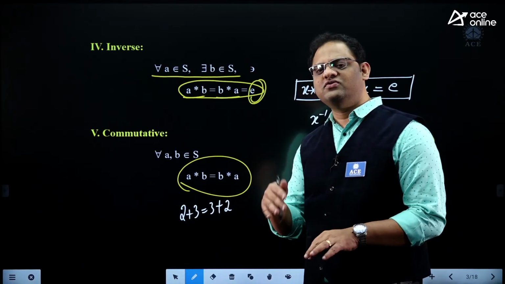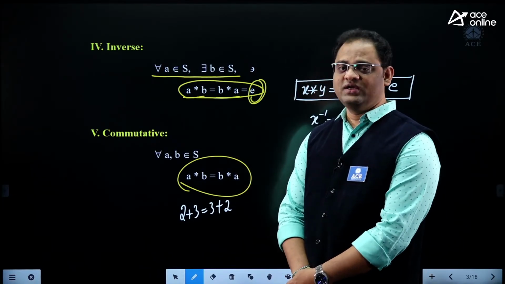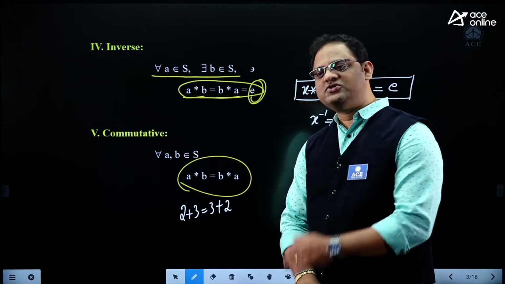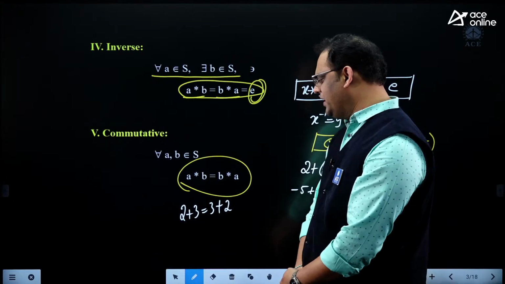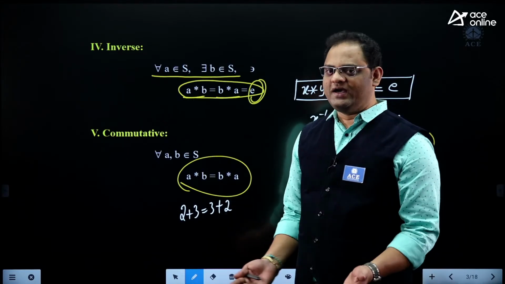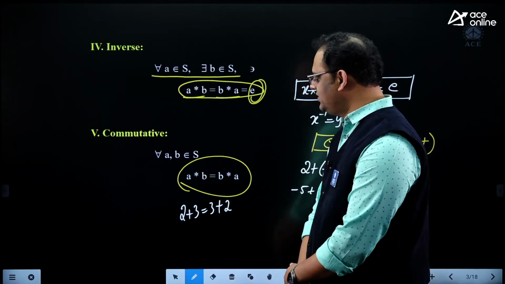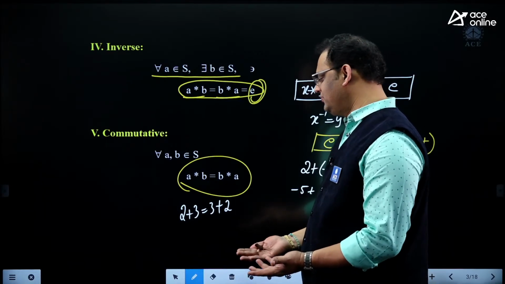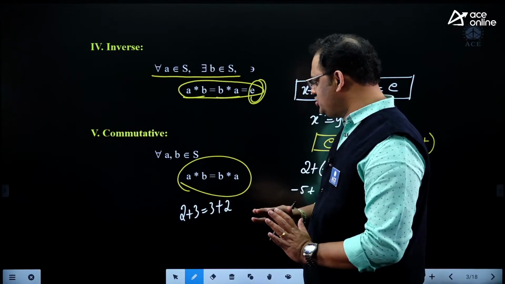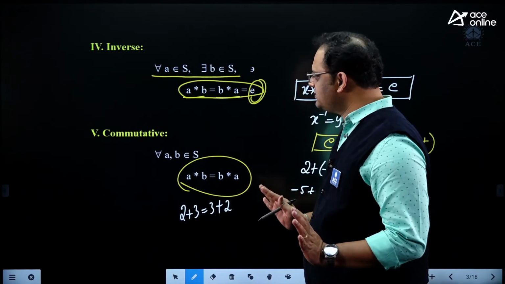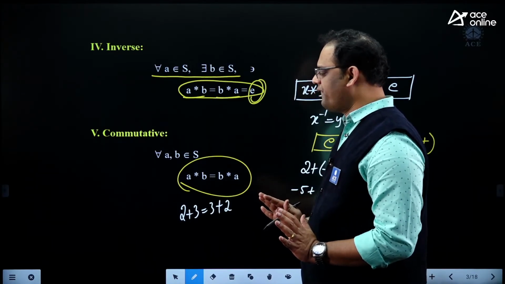X delta Y is equal to X square plus Y square, or X delta Y is equal to X power Y. So they can define the binary operation in any pattern. According to that, we should say whether it follows commutative or not.